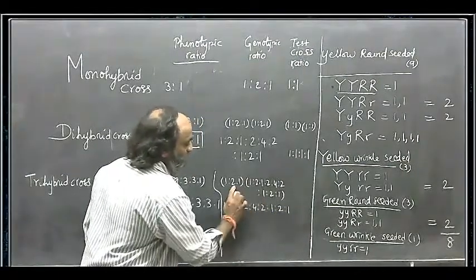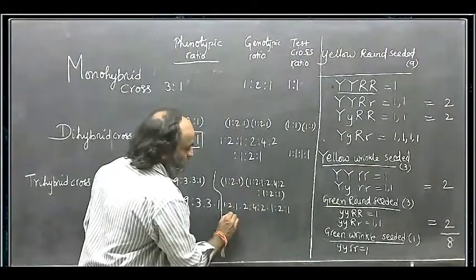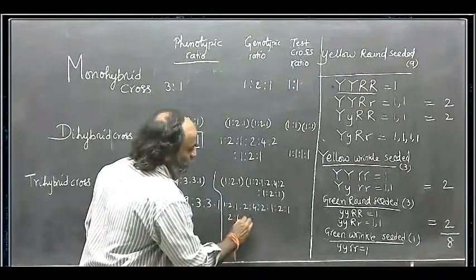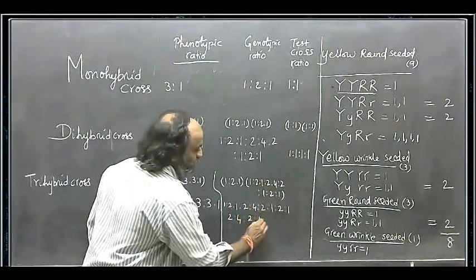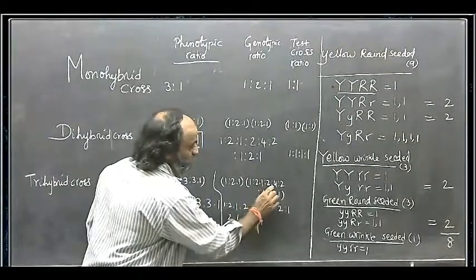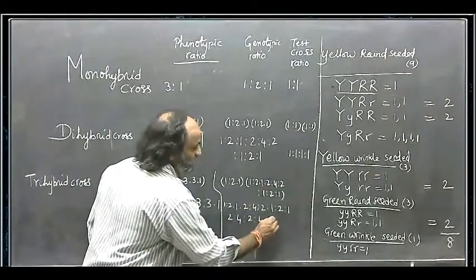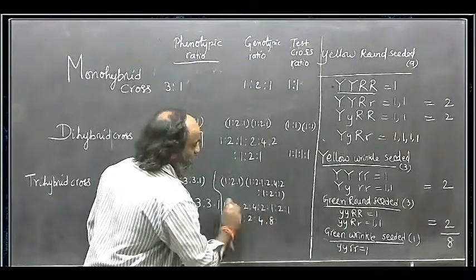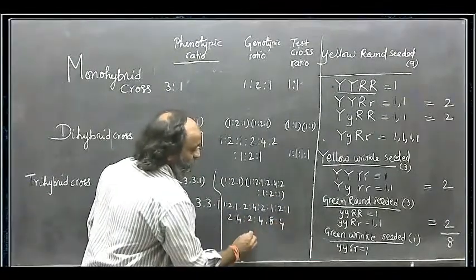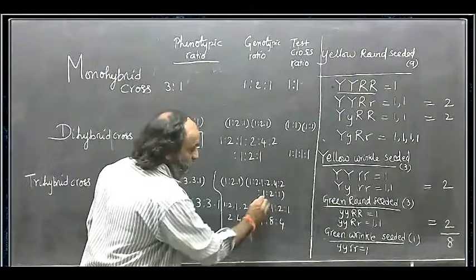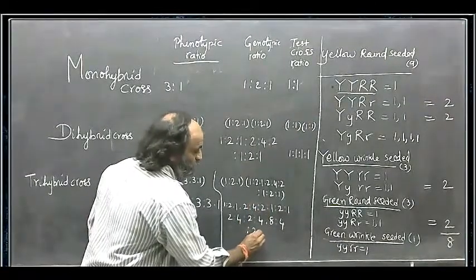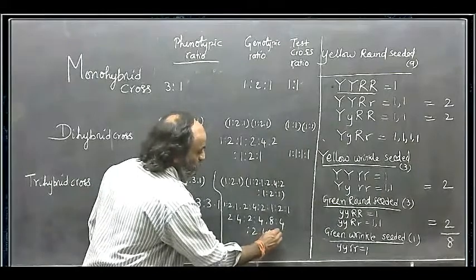Now every factor is multiplied by 2, giving 2:4:2, and 4:8:4, and 2:4:2.